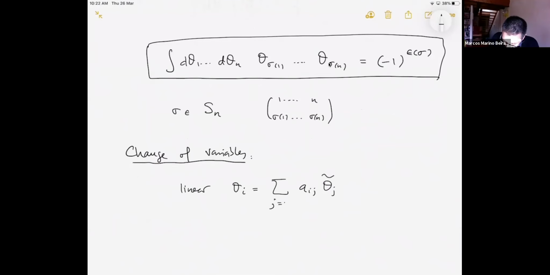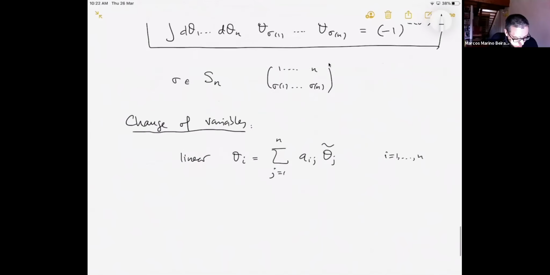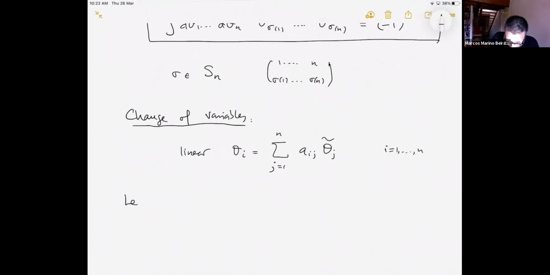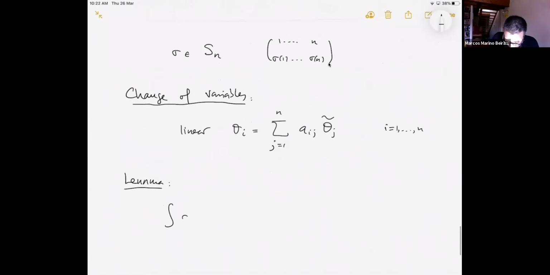So let's suppose that I do the change of variables. And then I have this very simple lemma, which says that the integral d theta f of theta is equal to, sorry, let me just point out, this is linear and invertible. So the formula I have for the change of variables is this one.